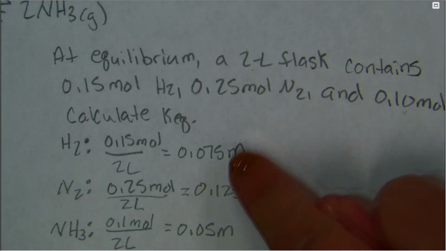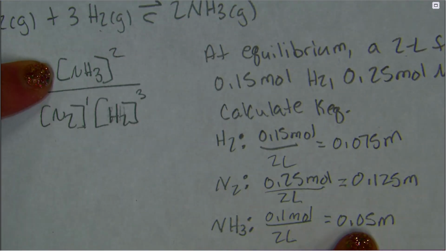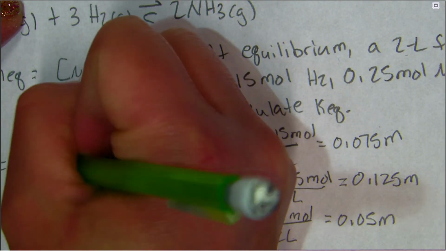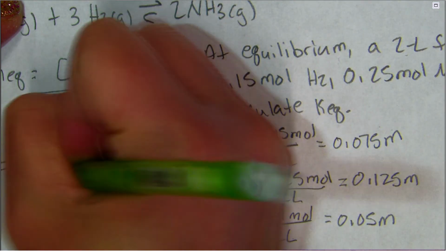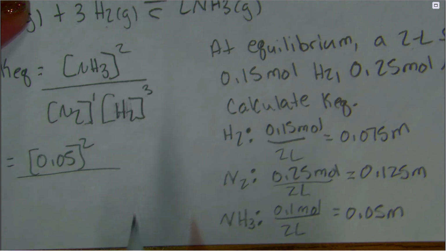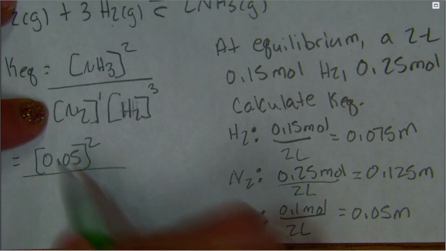So now we're going to plug these values into our equilibrium expression, where NH3 is 0.05, and it is squared. Notice I'm using brackets, not parentheses. Remember, concentration is brackets.